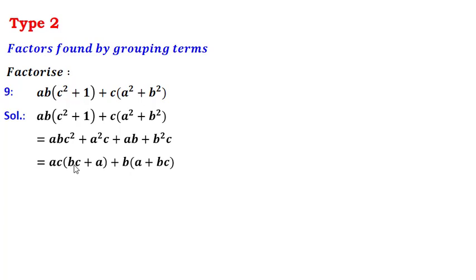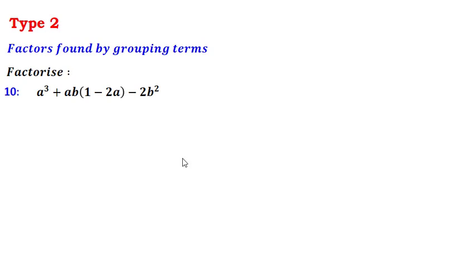Now bc plus a and a plus bc, so a plus bc can be written as bc plus a. So I will take bc plus a common, then ac is remaining here and plus b is remaining here. So (bc plus a) into (ac plus b) are the required factors of ab into (c square plus 1) plus c into (a square plus b square).